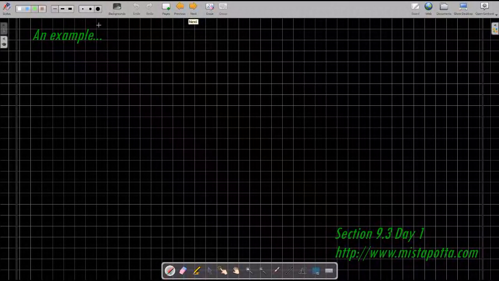Let's say I want to use a 5th degree polynomial to estimate the sine of 2.